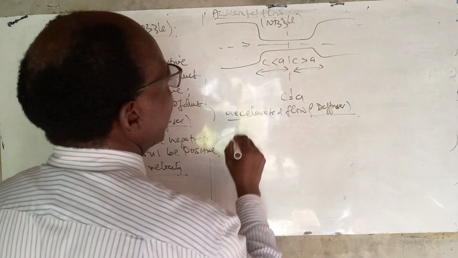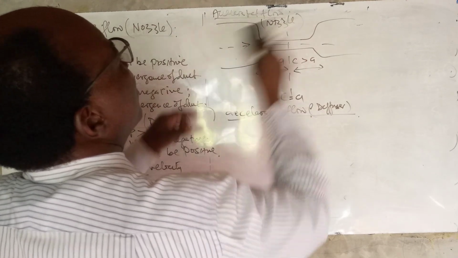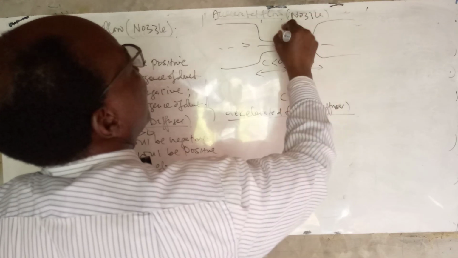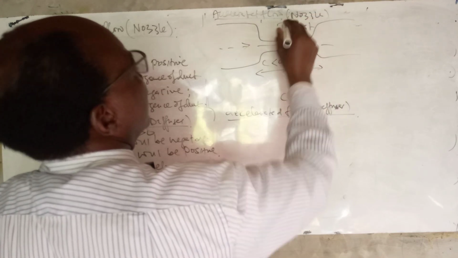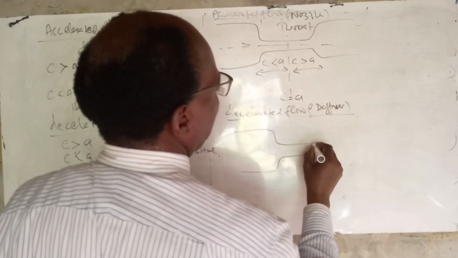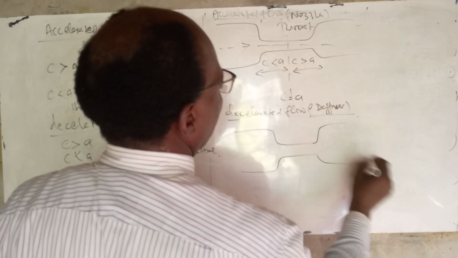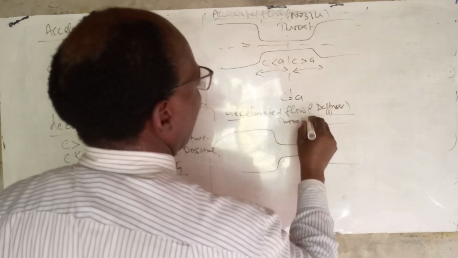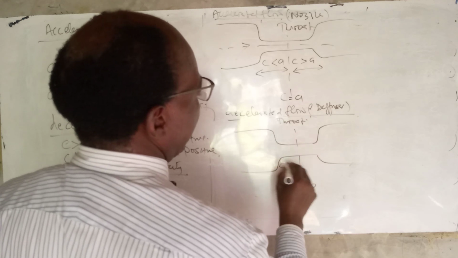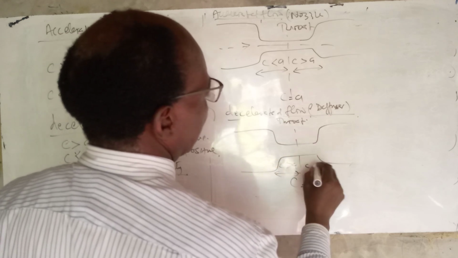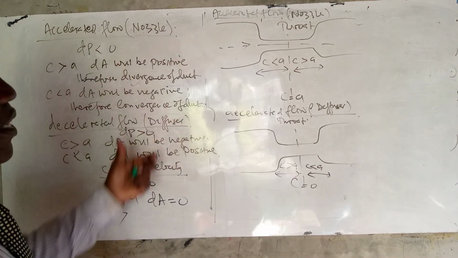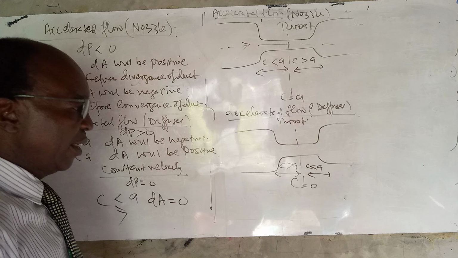Again, we can represent this schematically. This is the nozzle. This is the throat. Here C is equal to A, here we have C greater than A, and C less than A. We have already discussed these aspects.